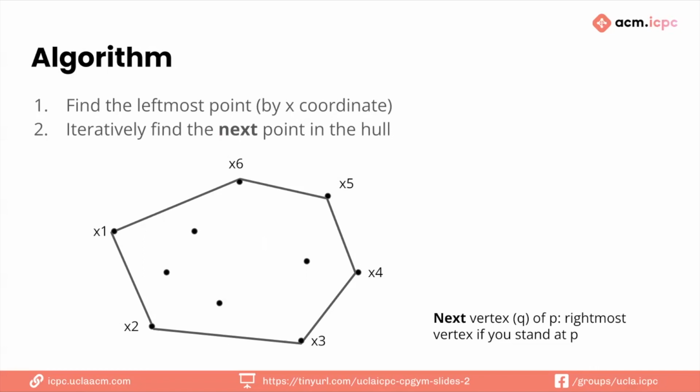So the idea is that once we find the leftmost point, we are pretty much sure that it's going to be in the convex hull, because there's nothing to the left of it. So there's no way to draw that polygon without that point. So we know if, for example, here x1 is the leftmost point, it is going to be in the convex hull.